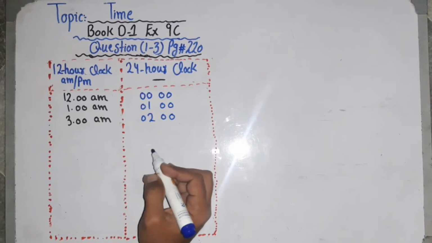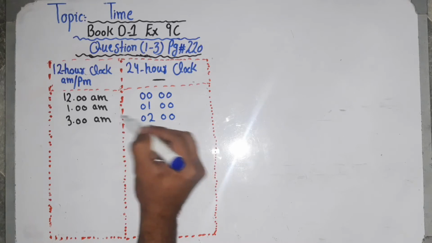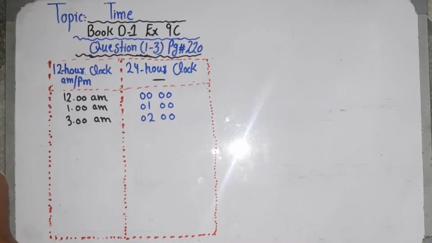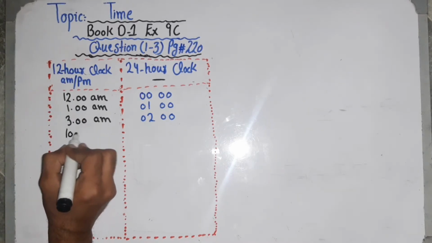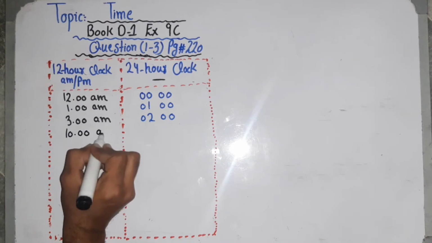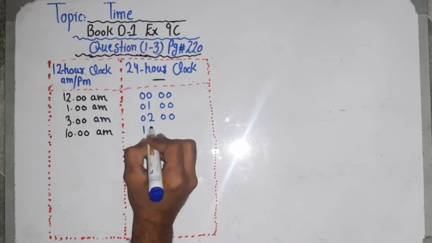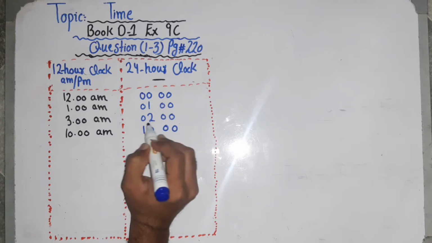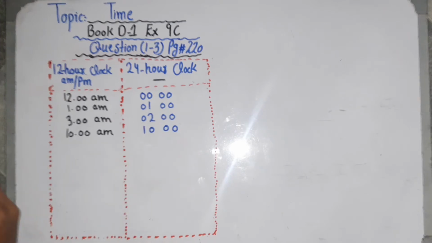Remember that during AM the time on both clocks remains the same. So if the time is, let's suppose, 10 AM, the time on this clock is also 10:00. And we always use 4 digits to represent time on 24-hour clock.